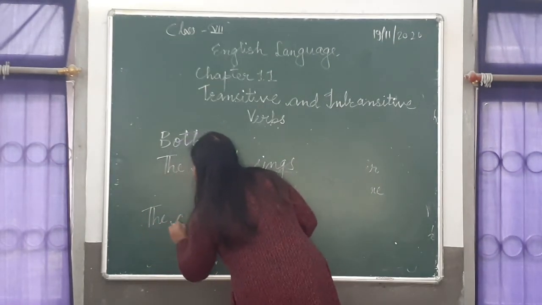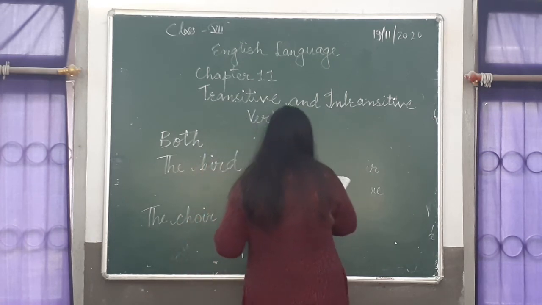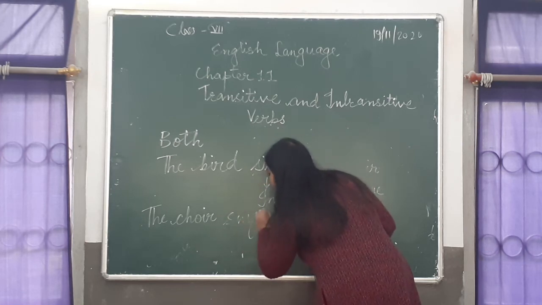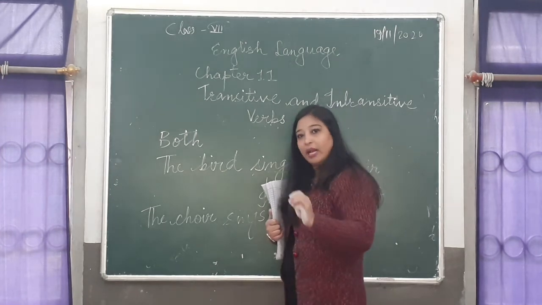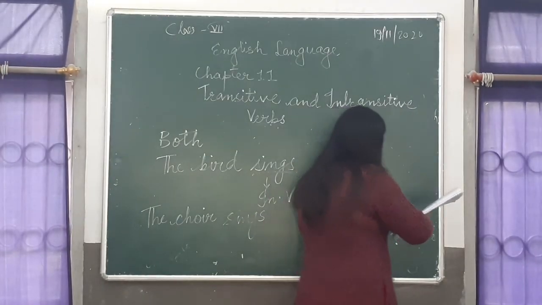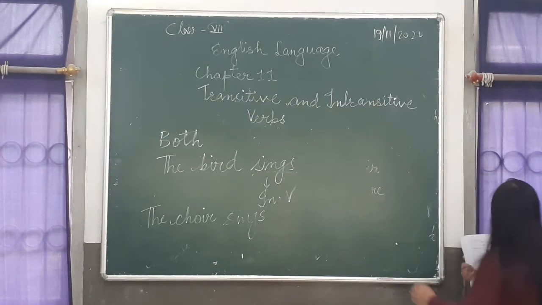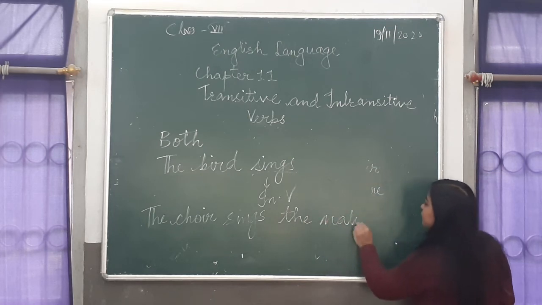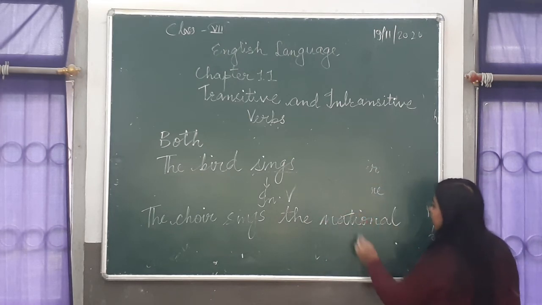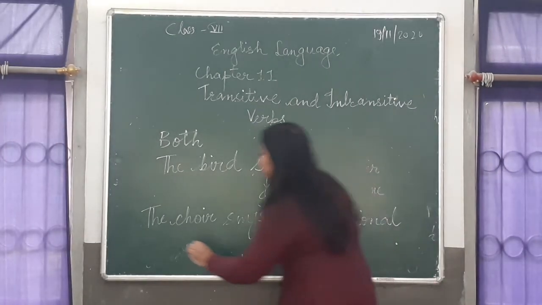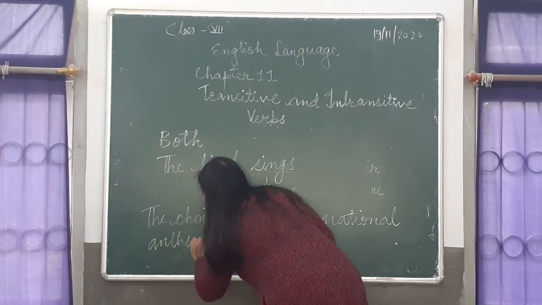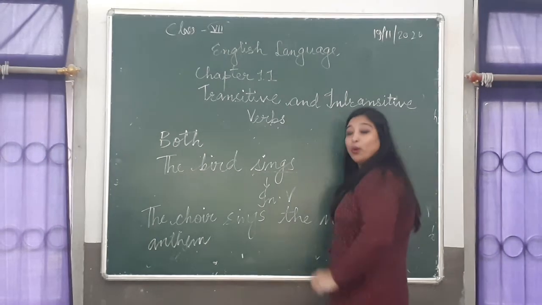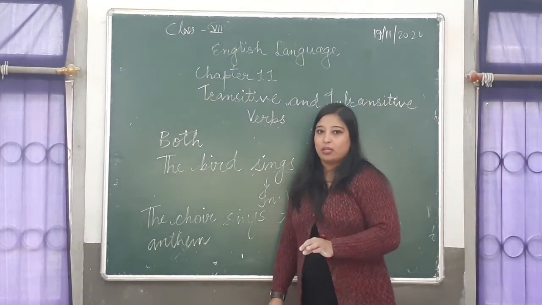The choir sings, isn't it? Even till here you all can understand that there is a choir, a group of singers, and they are singing. The choir sings the national anthem. So over here, this verb sings, it can be used both transitively and intransitively.